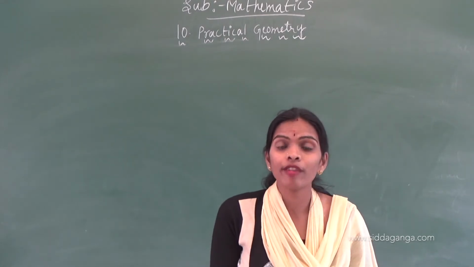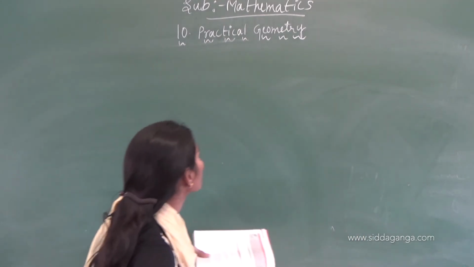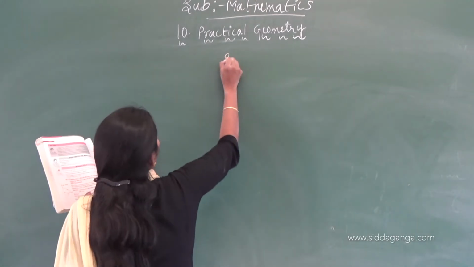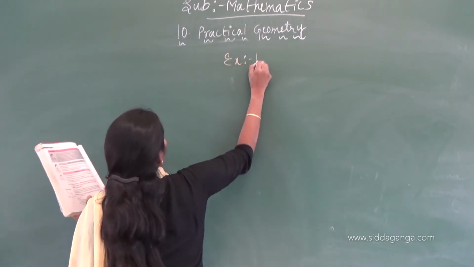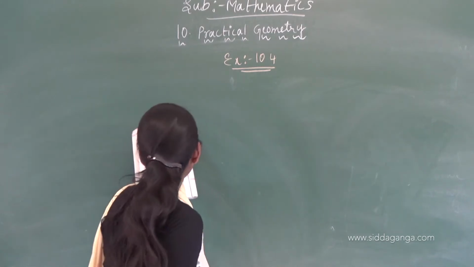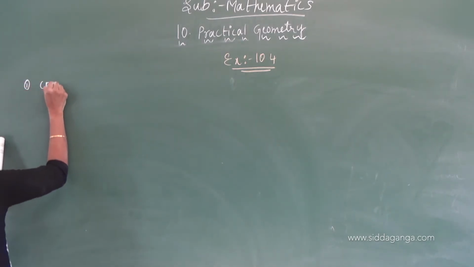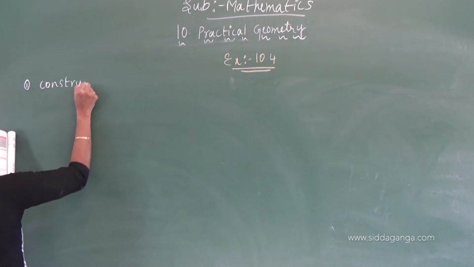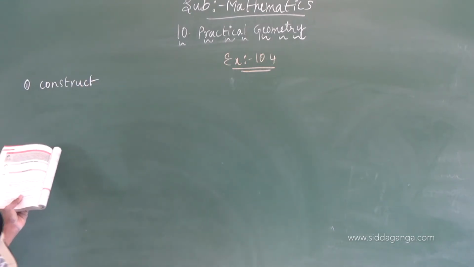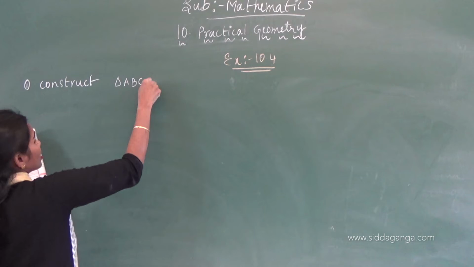Exercise 10.4. What is the question here? Construct triangle ABC.